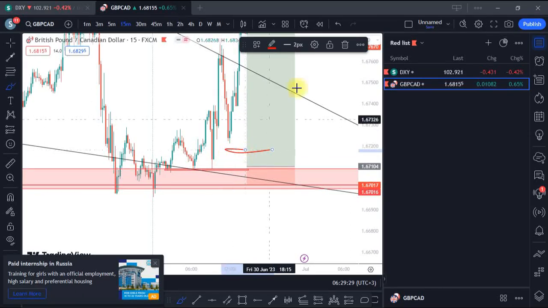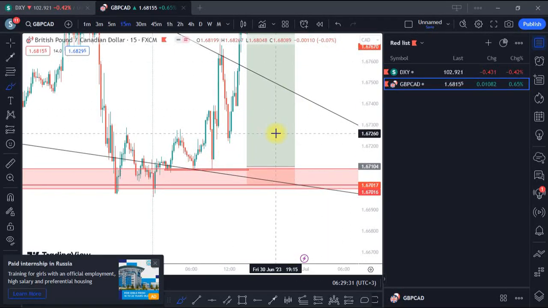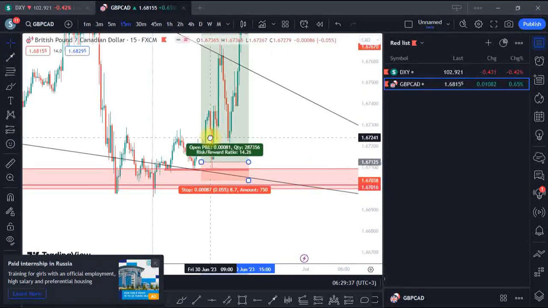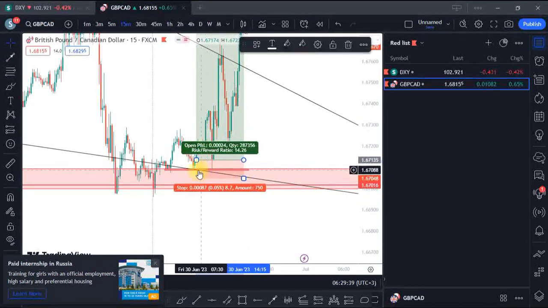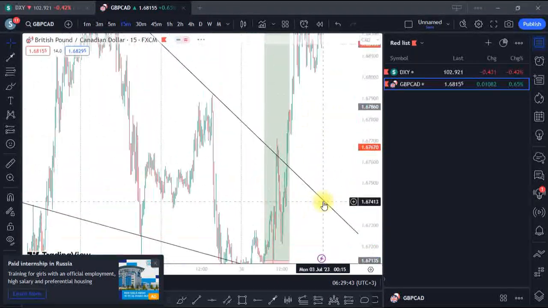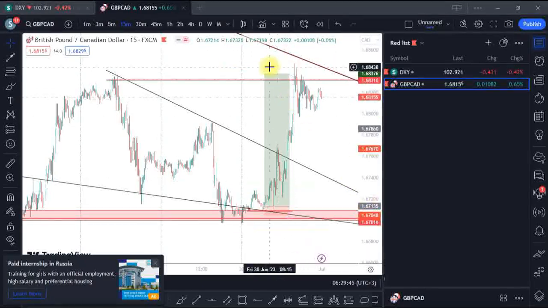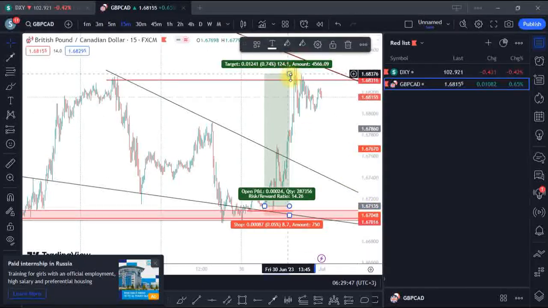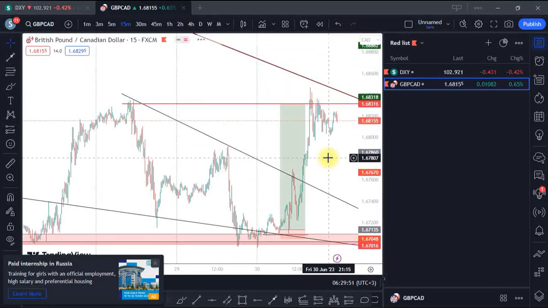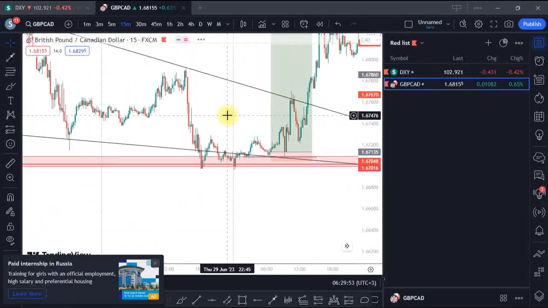I took my first trade here, but obviously I don't take one trade, I take multiple positions. As you can see, this is how I took it. And it was nicely 124, about 117 thereabout, just in excess of 100 pips.